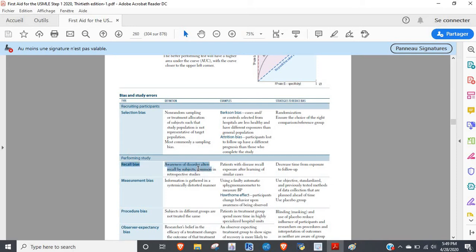Recall bias. Okay, so this is something you see all the time in retrospective studies, and it's not entirely clear when you first read it what it's talking about. But here's a good example. You've got a bunch of women, and you ask them, hey, did any of you drink during pregnancy? And they all go, oh, no, no, no, no, no. But then some of them who ended up having kids with disabilities say, oh my God, that explains everything.